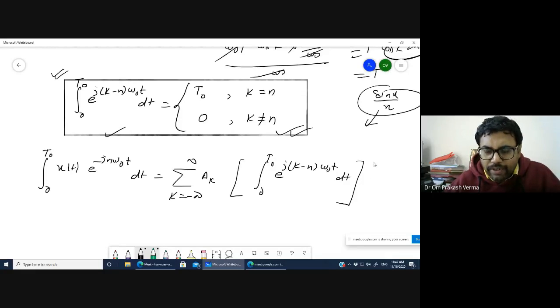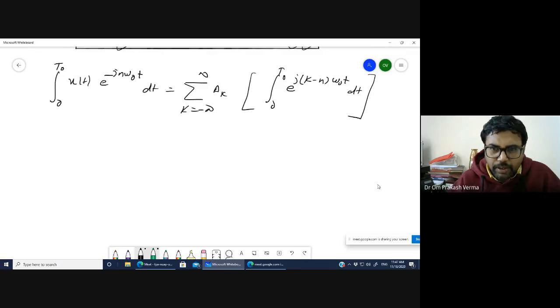So the integration of this term, we know: it will be, when k is equal to n, then it becomes a_n, the summation of a_n, and this gives t naught.